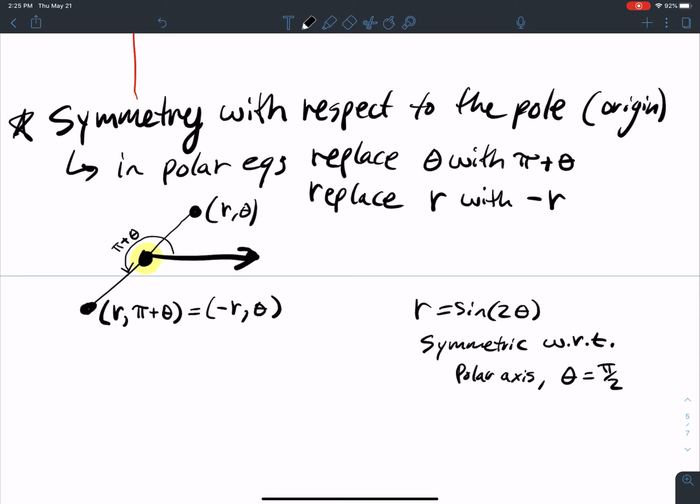So polar axis is x-axis, y-axis. But for the test of symmetry with respect to the pole, it works by replacing theta with theta plus pi.